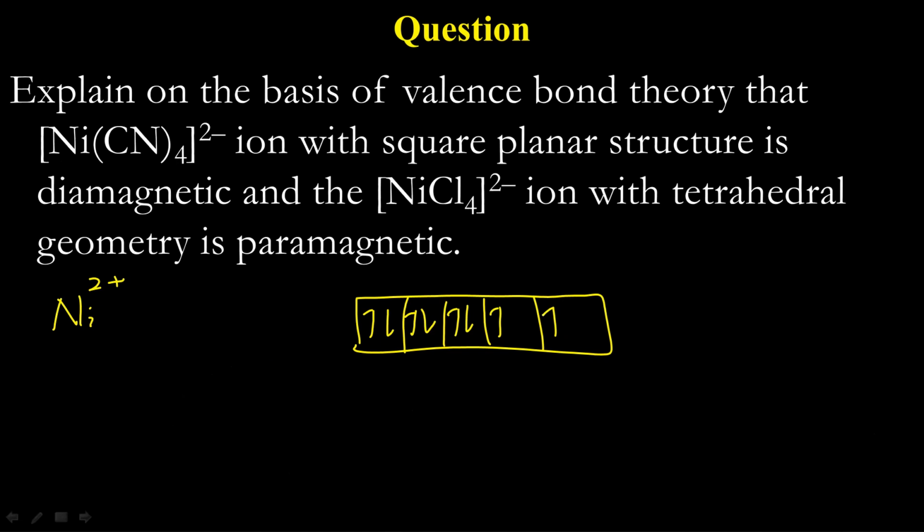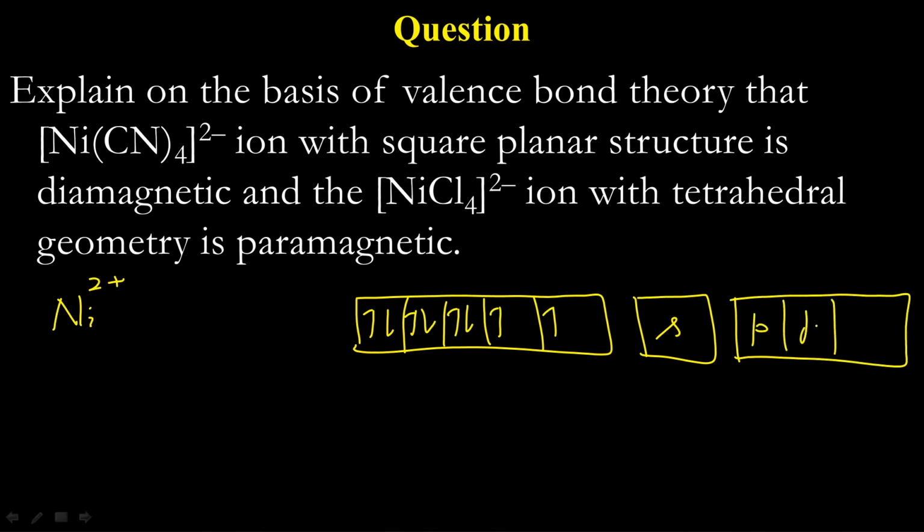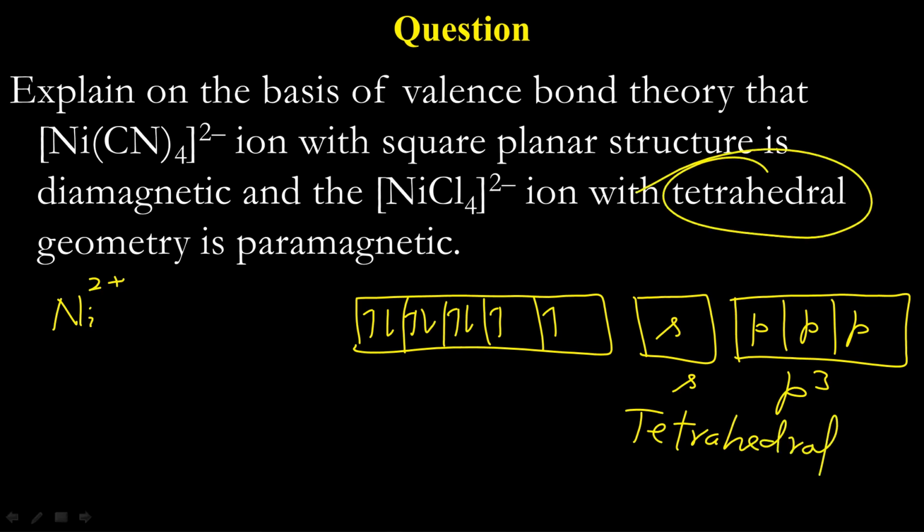Because there won't be any pairing, now you have the next 4s and these 3p. So it will be sp3 hybridization, and sp3 is tetrahedral. So that's why it is tetrahedral. And because we have unpaired electrons, it is paramagnetic.